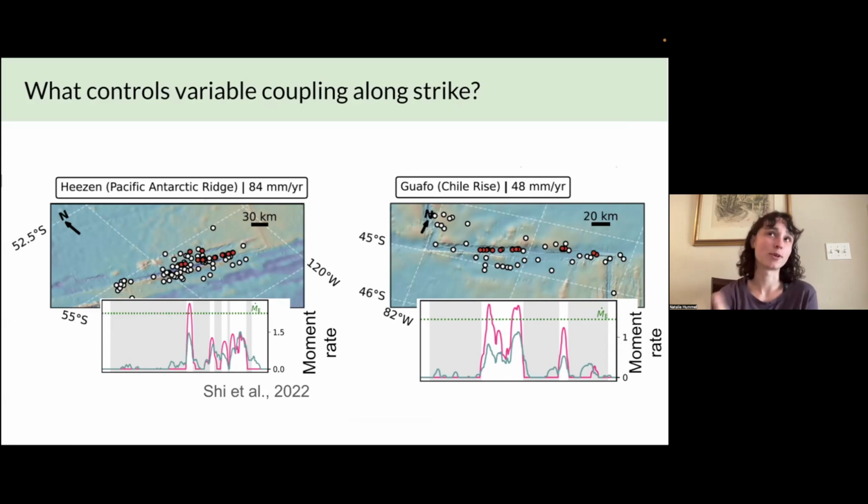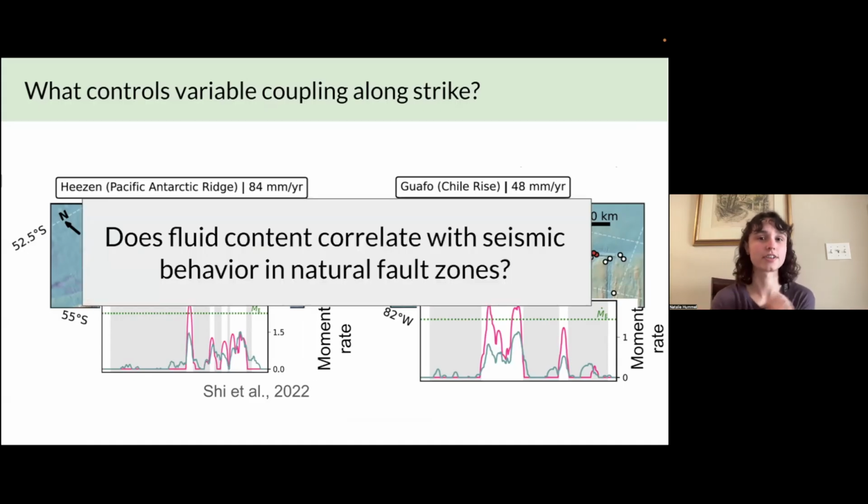There are a number of factors that could theoretically control coupling on these faults. In this talk, I'm going to be focusing on fluid in the rock around the fault zone. And specifically, the question we want to address is: empirically, do we observe a correlation between fluid content in the fault zone and seismic behavior, like in natural fault zones?